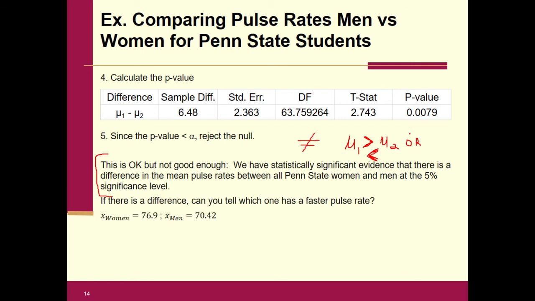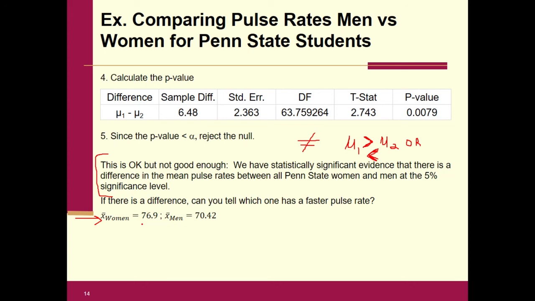Well, remember I pointed this out before, the mean pulse rate for the women was 76.9, for men was 70.42. So clearly, if there's a difference between the two, it's not going to say that mu for the females was less than the mu for the males, when the sample means were the opposite.